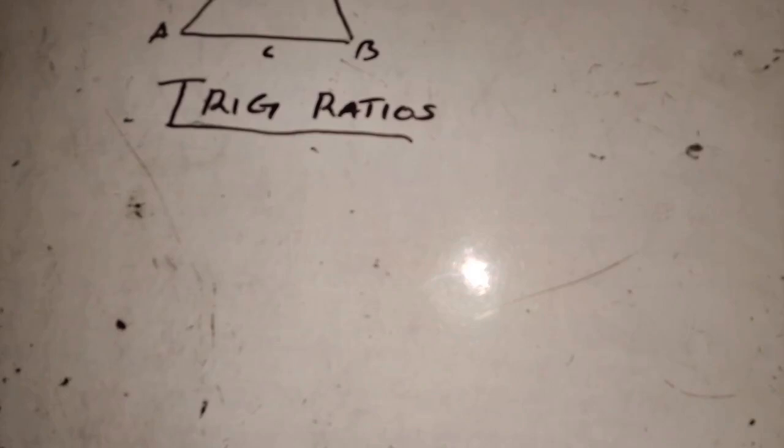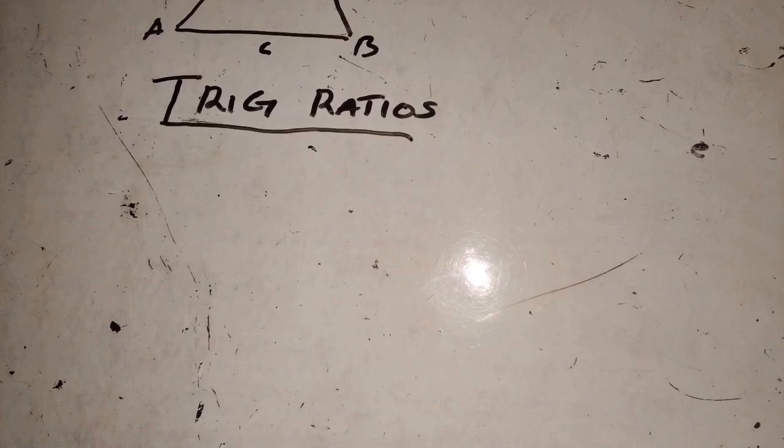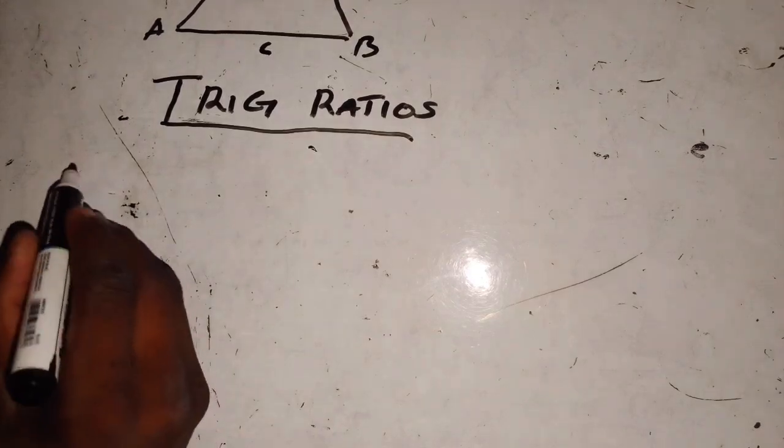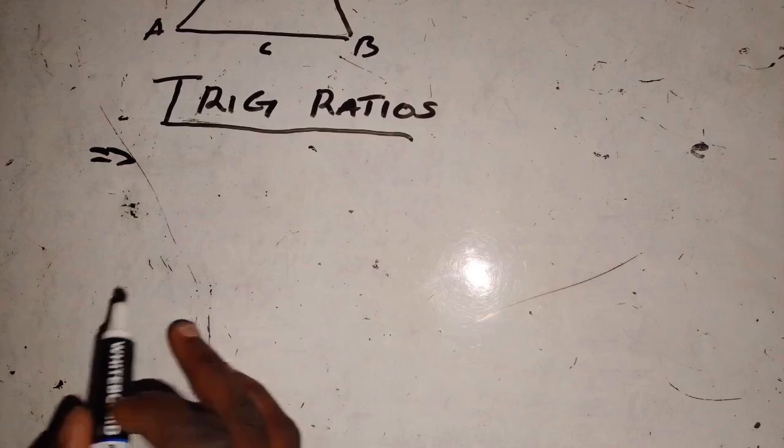So trig ratio is the relation between the sides and an acute angle of a right angled triangle. So let's take note of this, because it would be needed as we go further.